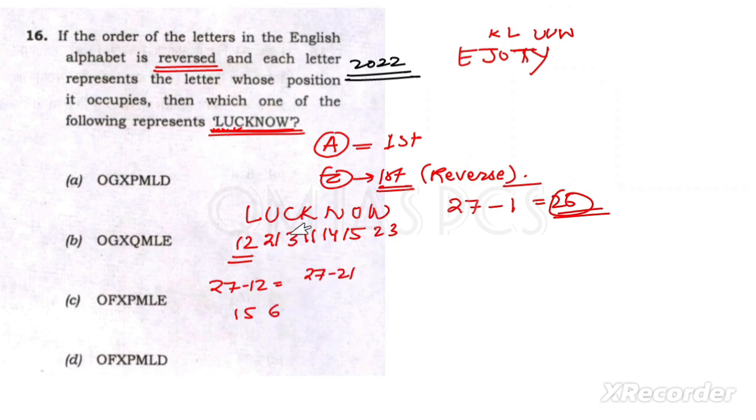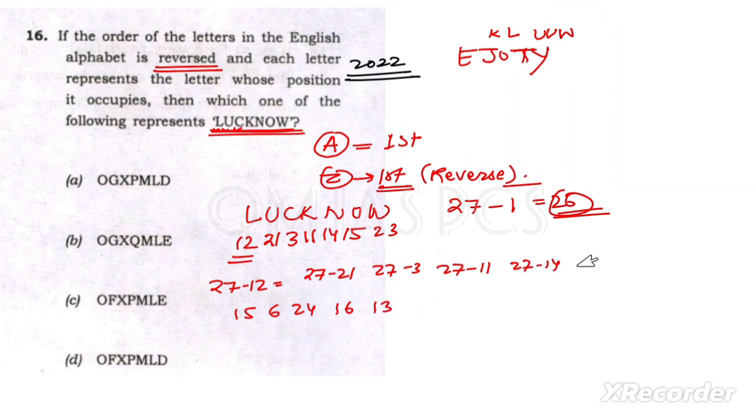Yes, 27 minus 11 will be 16. 27 minus 14 will be 13. Then 27 minus 15 will be 12.